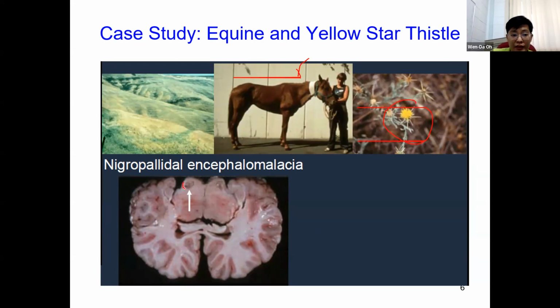You can see over here, there's black in color. This is actually damage to their brain structure. And because of this, it affects the central nervous system, and they will die, right? Due to the inability for them to transmit signals of their neurons from one end to the other end. So this is one of the cases whereby neurotoxin is occurring in nature and affecting the animals in a certain area.